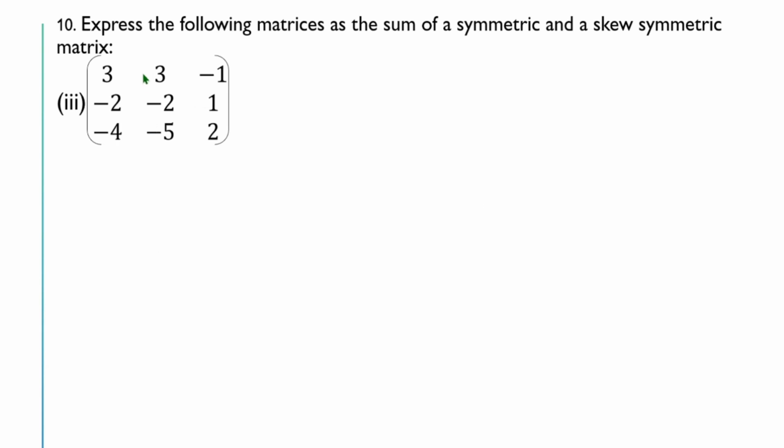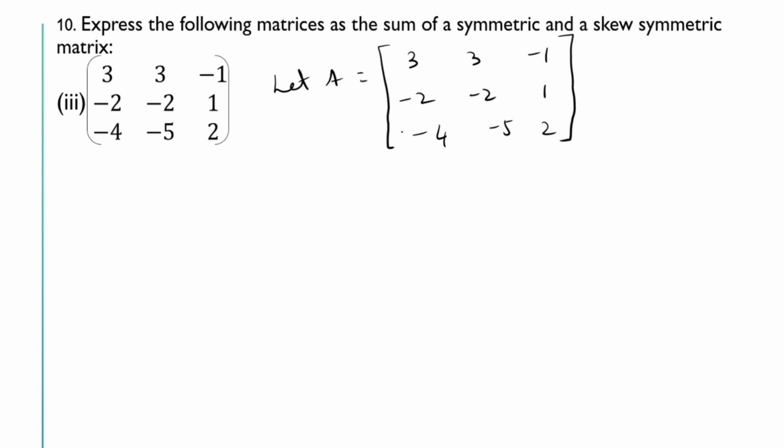Next question, express the following as the sum of a symmetric and a skew symmetric matrix. So this is the given matrix. Let us take the given matrix as A. Let A be equal to 3, 3, minus 1, minus 2, minus 2, 1, minus 4, minus 5, 2. And let P be equal to half of A plus A transpose.